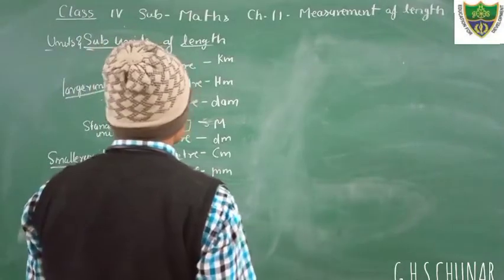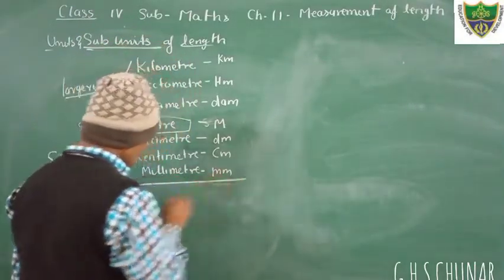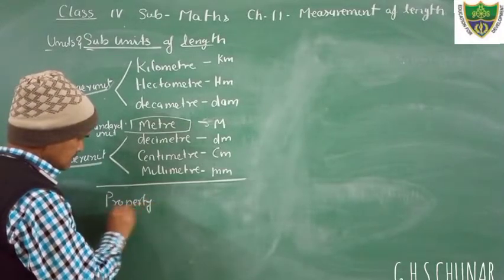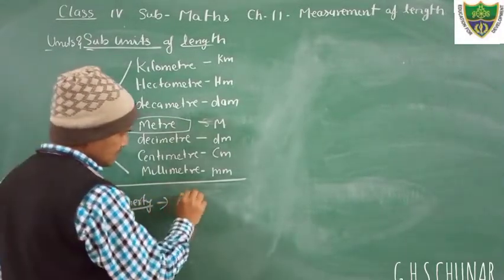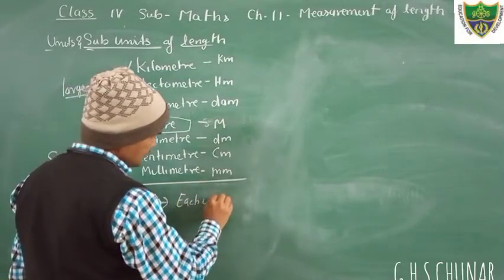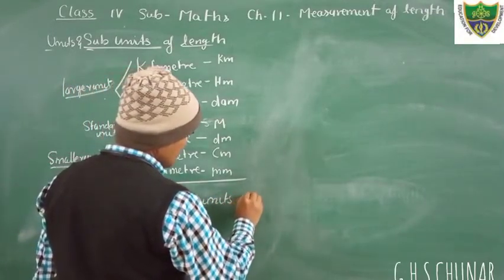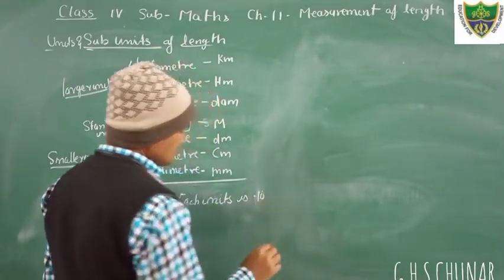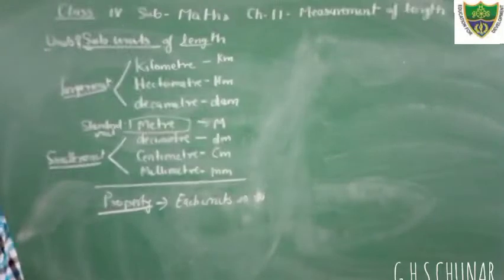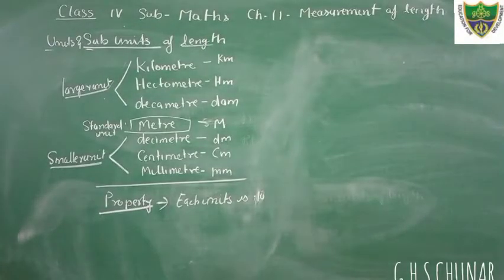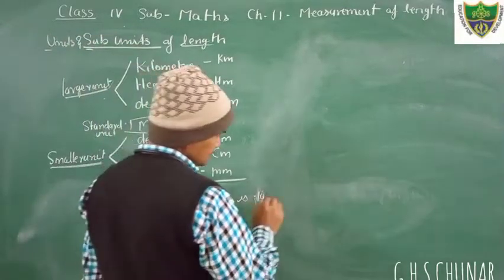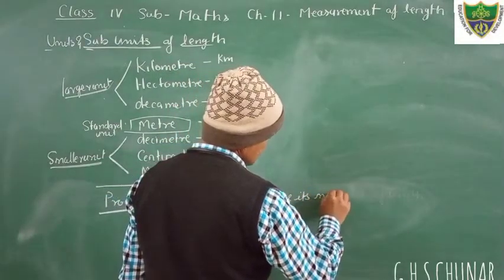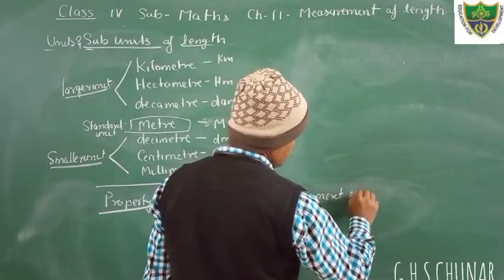Here, these properties: each unit is 10 times its next smaller unit.